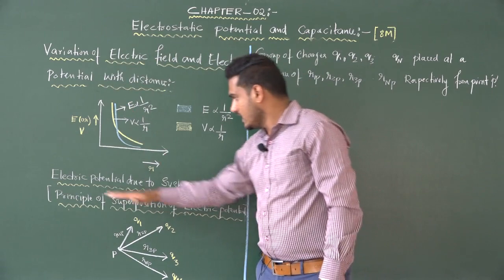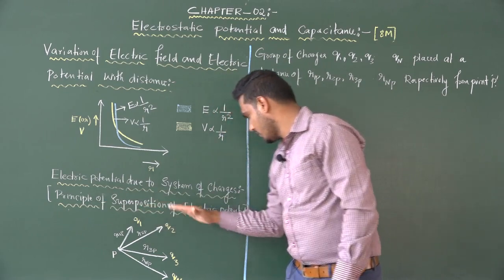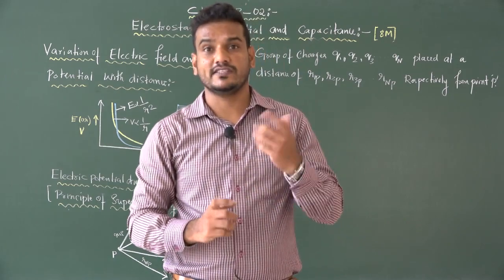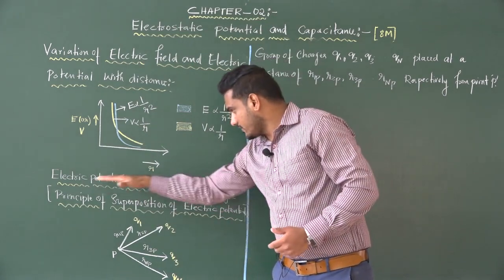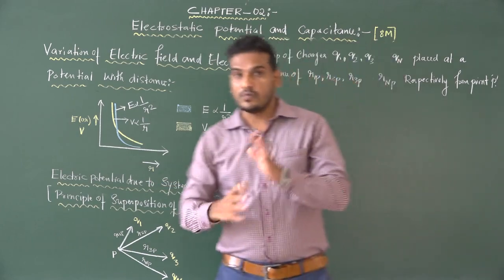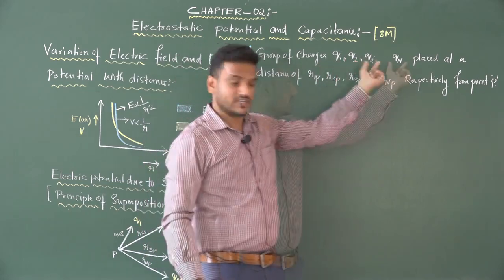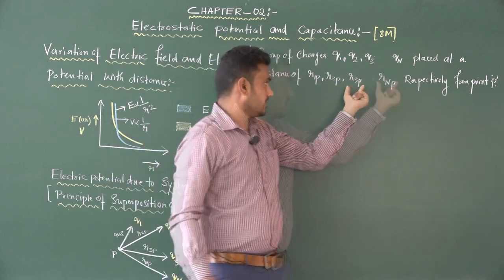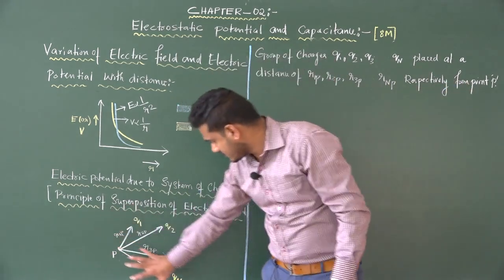The next concept is electric potential due to a system of charges, or the principle of superposition of electric potential. Just now we discussed electric potential due to an isolated point charge, meaning a single charge. Now we are going to understand electric potential due to a system of charges. Now I consider a group of charges, this is nothing but a system of charges. Group of charges Q1, Q2, Q3, Qn are placed at distances R1p, R2p, R3p, Rnp respectively from point P. Just look over this diagram.